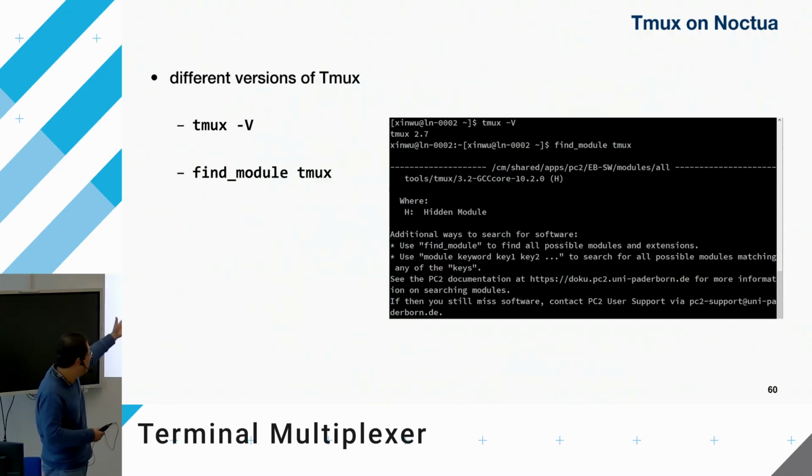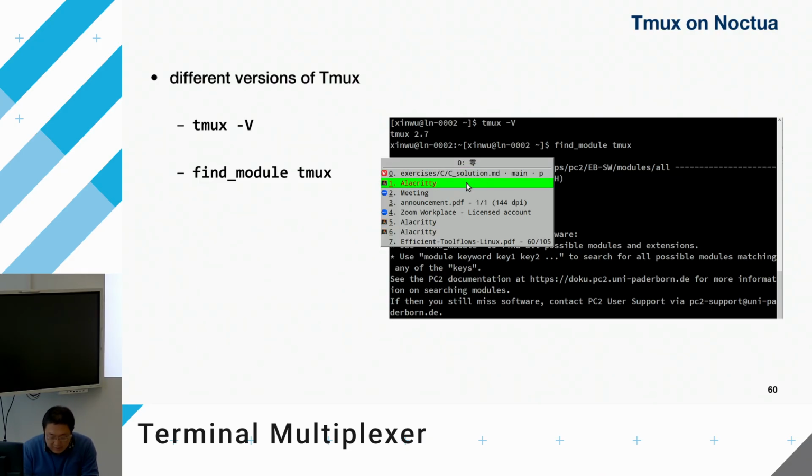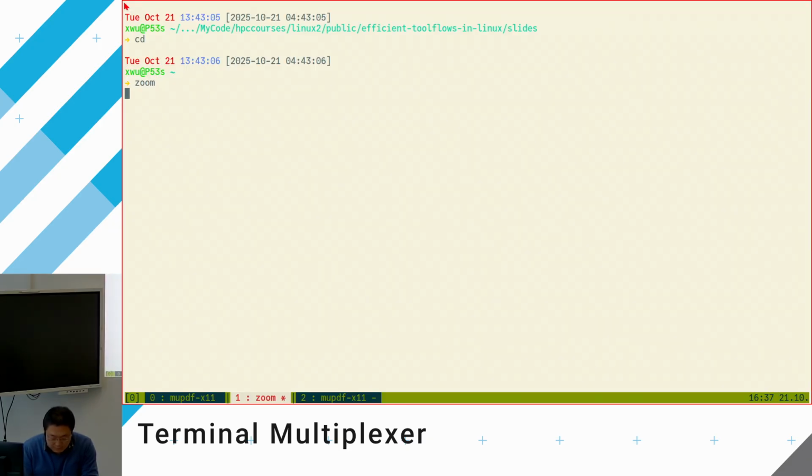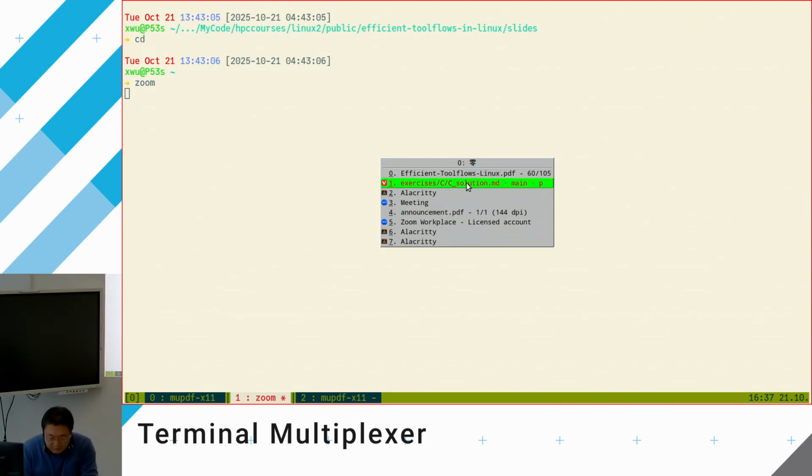I feel it is better to show you something, and feel free to also type on your own keyboard, for example in your PuTTY session, so that you can get some feeling about how to start TMUX. It's very easy. Just start the tmux command.